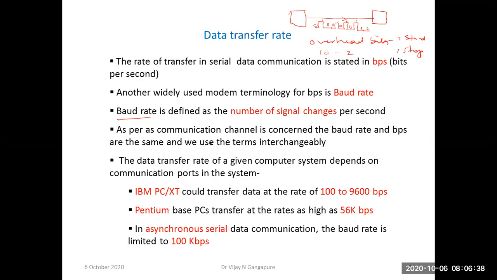As far as the communication channel is concerned, the baud rate and bps are the same, and we use the terms interchangeably. The data transfer rate of a given computer system depends on the communication ports in the system.